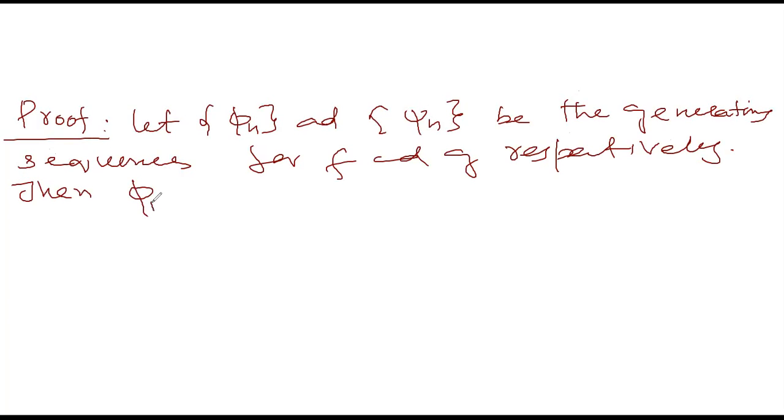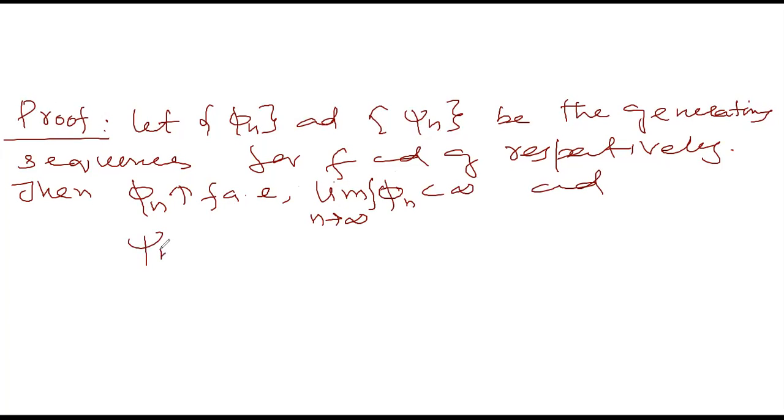Okay, then this phi n increases to f almost everywhere, and the limit as n approaches infinity of the integral of phi n is finite. And one more thing, this psi n increases to g almost everywhere.